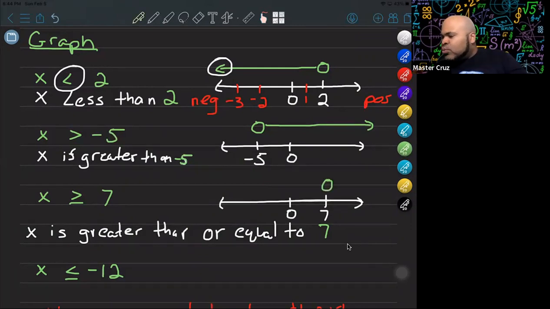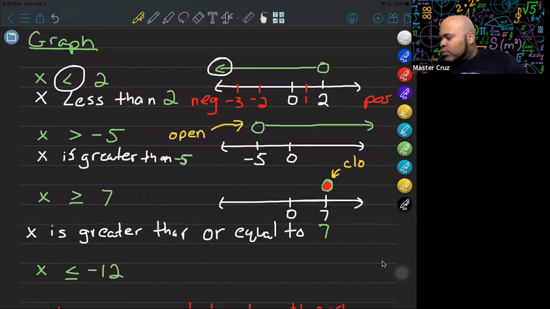Now, because this was greater than or equal to, this is not just an open circle. I'm actually going to close that circle. I'm going to fill it with red so you can see it well. This is a closed circle. So now we have a new idea: this is an open circle, and this is a closed circle.